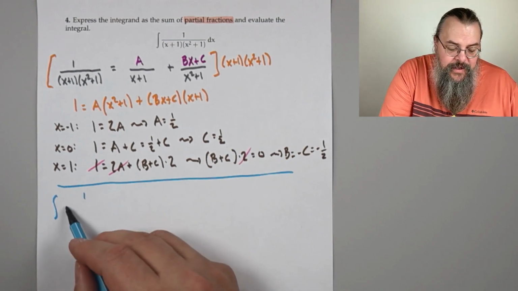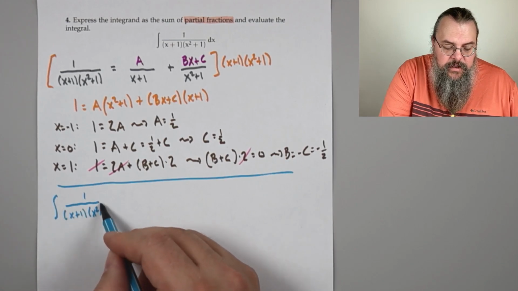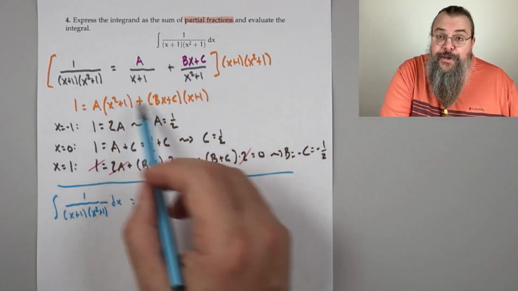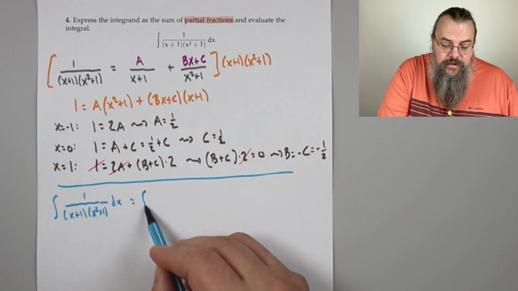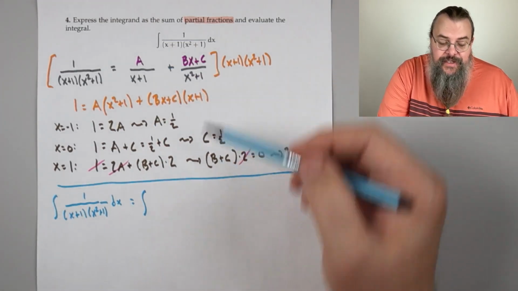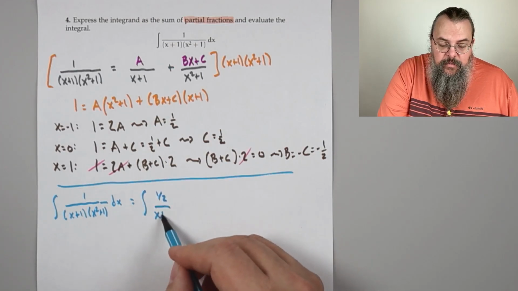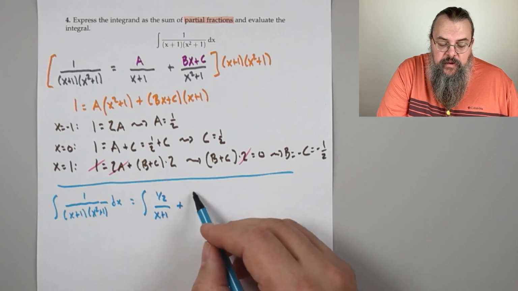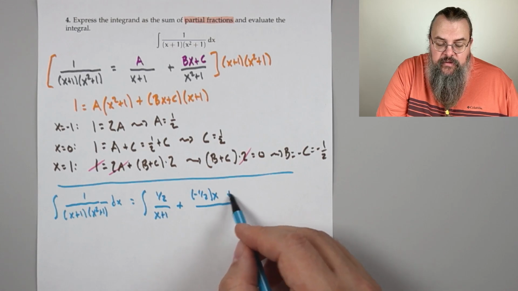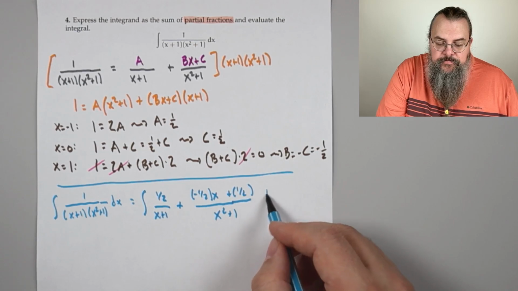Yeah, I think so. All right, so the integral of 1 over x plus 1, x squared plus 1, dx. Well, now we apply what we've learned here, and we replace our choices for a, b, and c. So this is the integral of 1/2 over x plus 1 plus minus a half x plus a half over x squared plus 1.